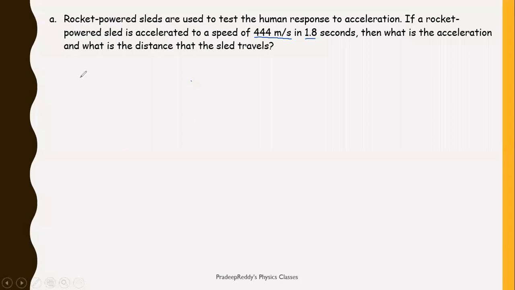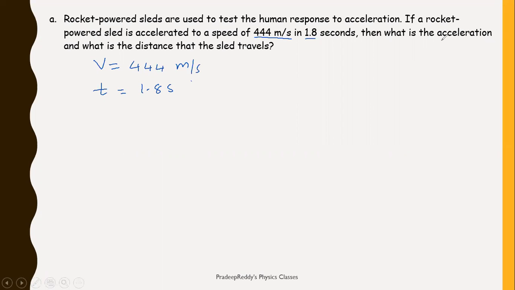So that means this rocket is accelerated to what value? 444 meter per second. That means the final velocity obtained after acceleration is 444 meter per second. And in how much time is it gaining this much velocity? It is only 1.8 seconds.